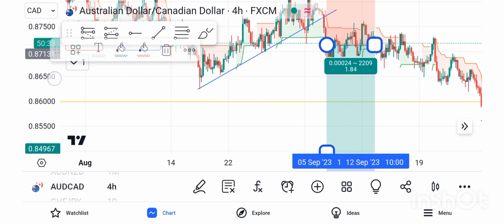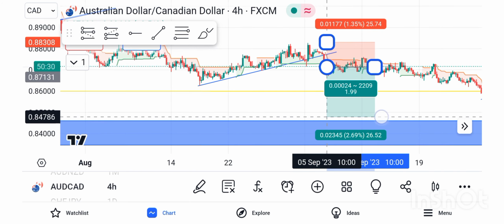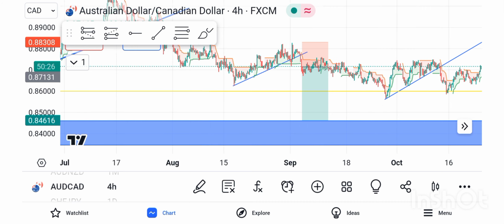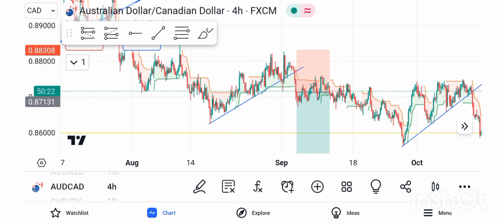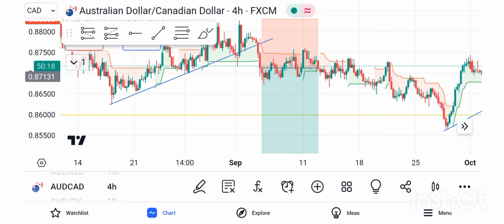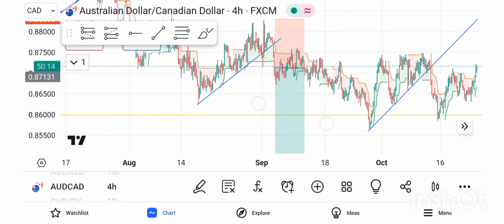And down here. Now, because this is already close to the support, the reward is not as juicy as the others. Alright, it's not as juicy as the others. Then we have that trade running.